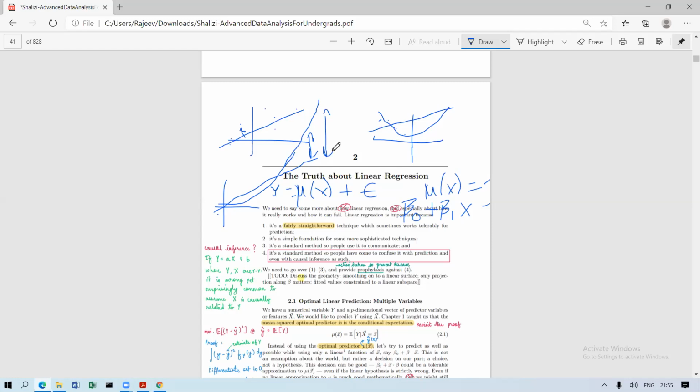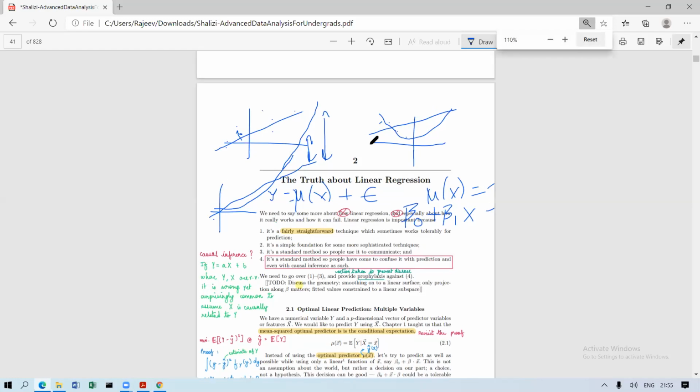If the data is actually linearly distributed, then in the majority of cases epsilon would be independent of x. But if it's not, then you are missing out on something, and that is captured within the epsilon noise. So you can't just assume that epsilon is always independent of x. That's what we'll start with.